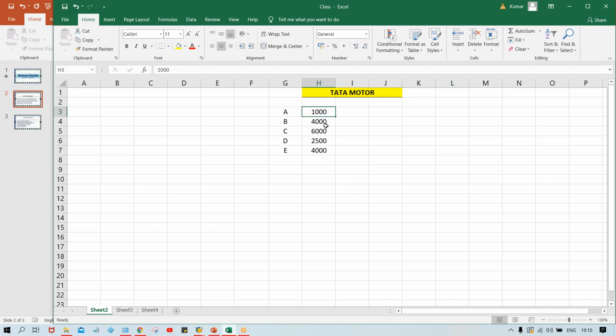Somebody might give an additional 1 year plus extra 2 years warranty. Somebody says we'll give extra accessories along, a mouse and a keyboard. Such kinds of offers will be given.